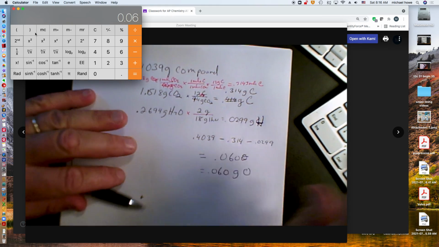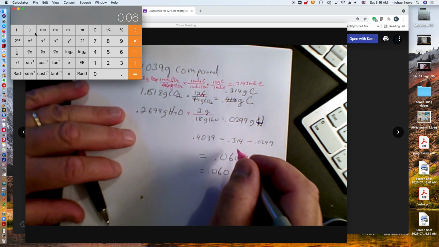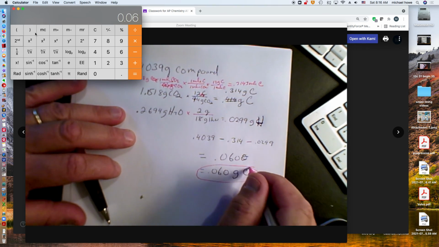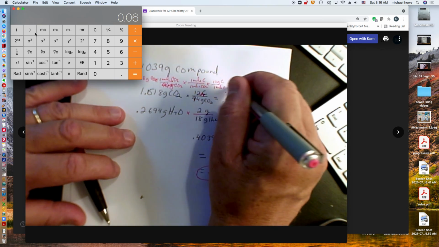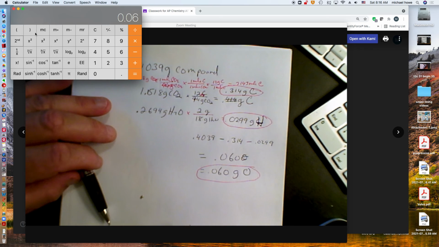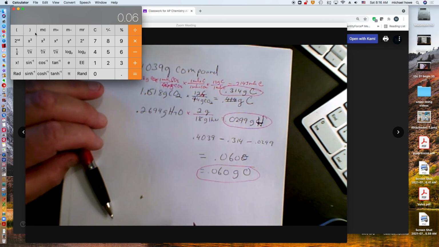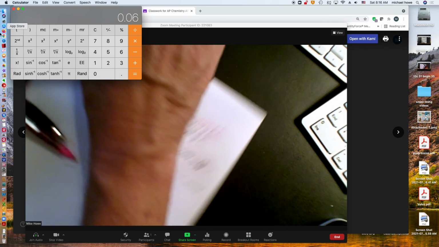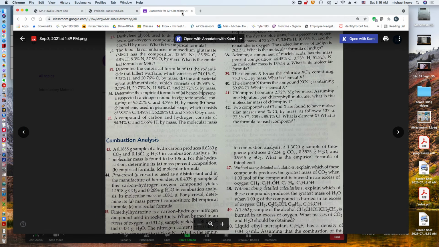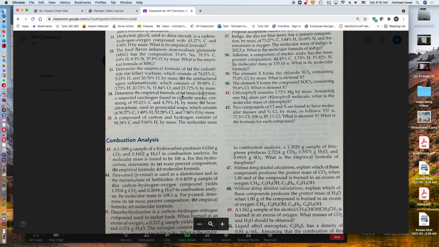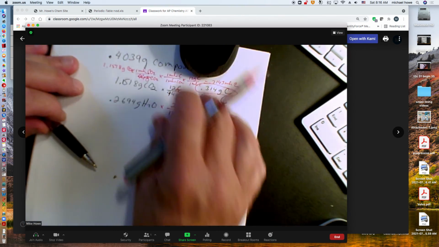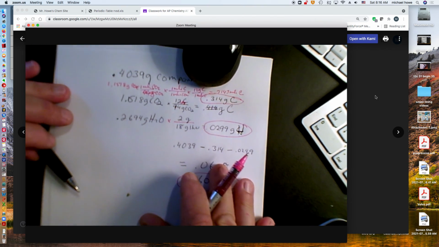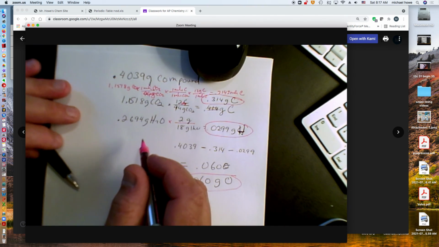All right, so our three numbers that we want to pay attention to are this number, and that number, and that number. So the first question on 44 asks us to find the mass percent composition. So to do that, you just divide each one of them by the total. So let's do the percent composition of carbon.